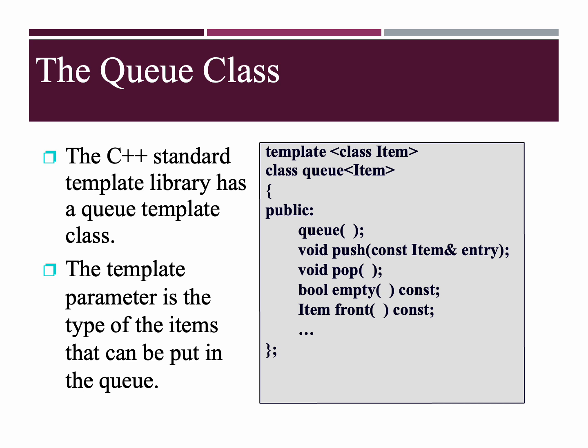So there are many benefits of using a queue template class. First of all, reusability. We can use it as many times as possible, since the class is templated. So we can use it with different types of data without rewriting the code.